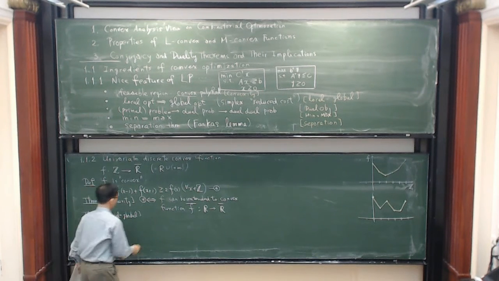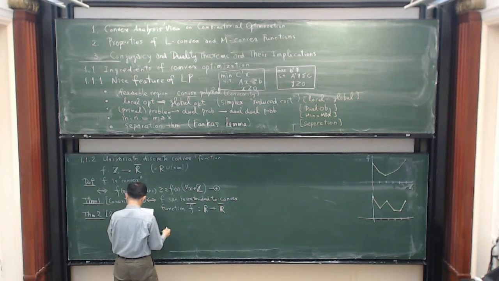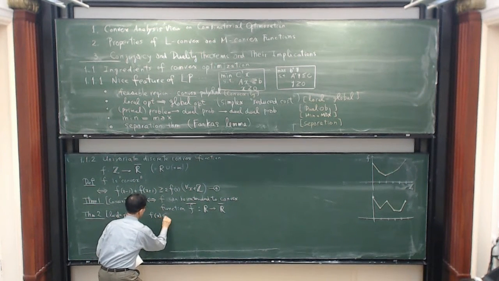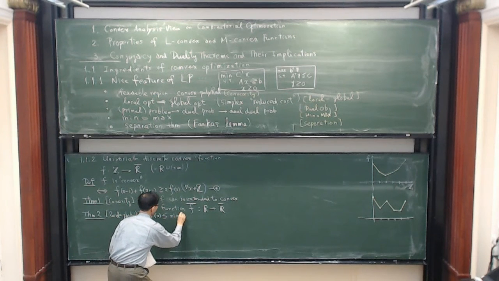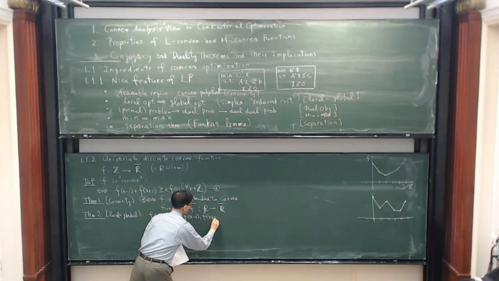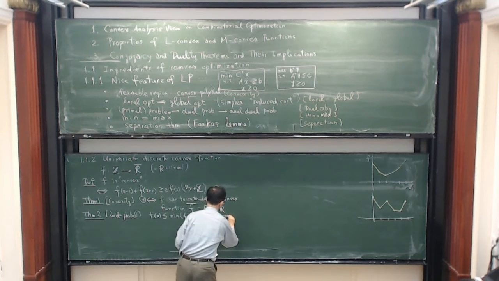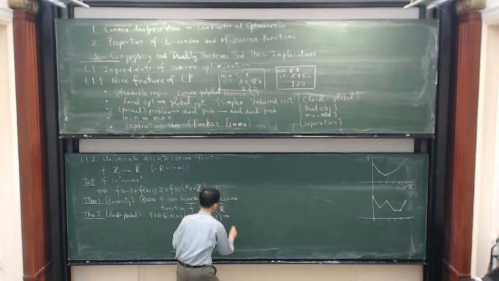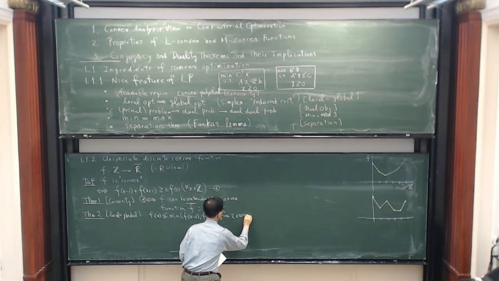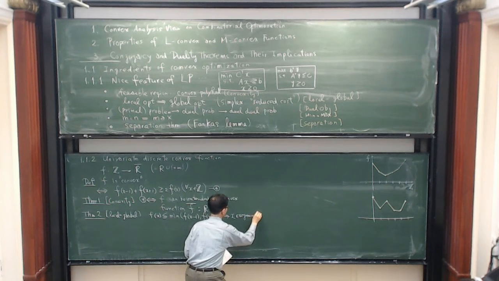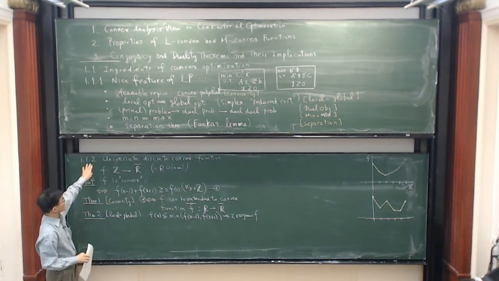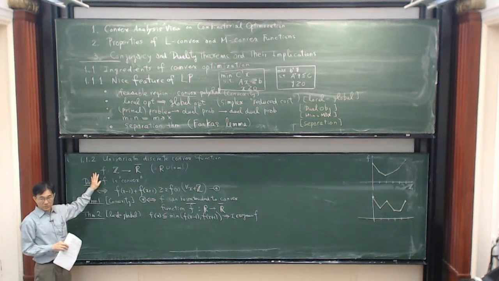Means that if f(x) is smaller than or equal to the neighboring points, then that point x is a minimizer. Okay. So in this way, univariate discrete convex function is a very easy object.